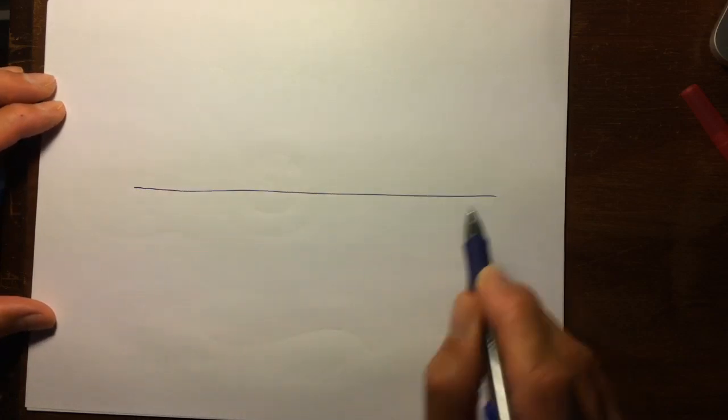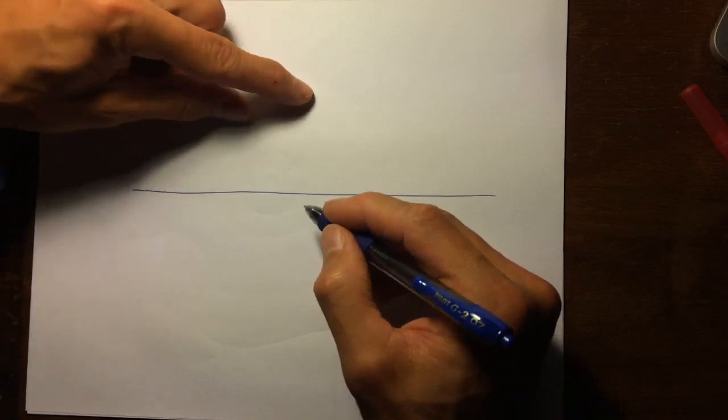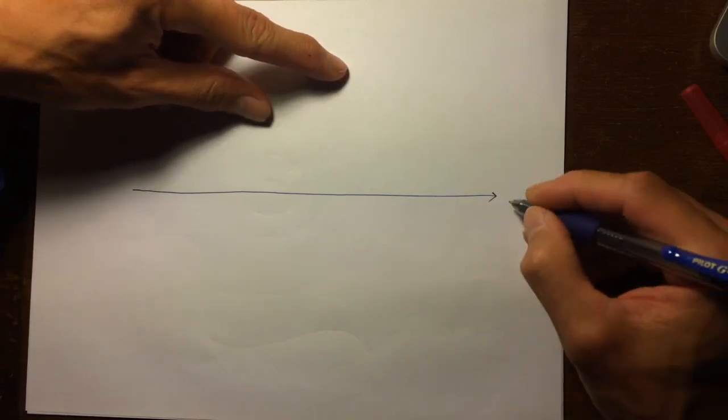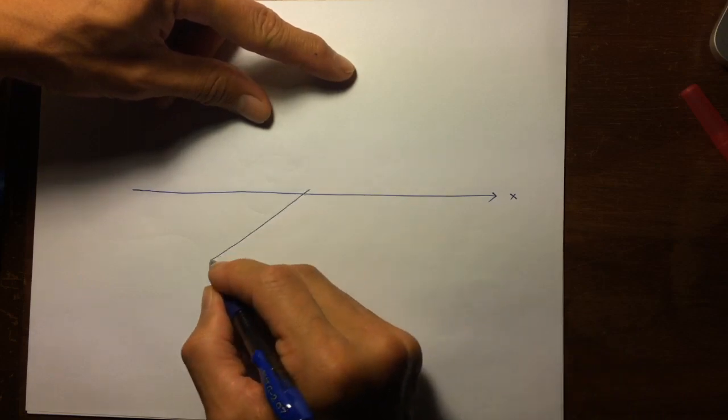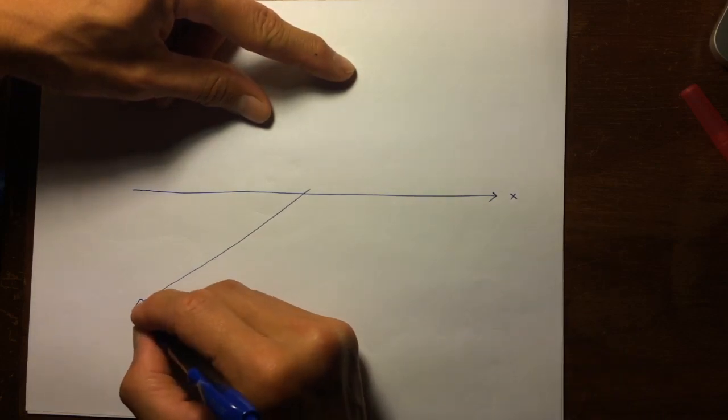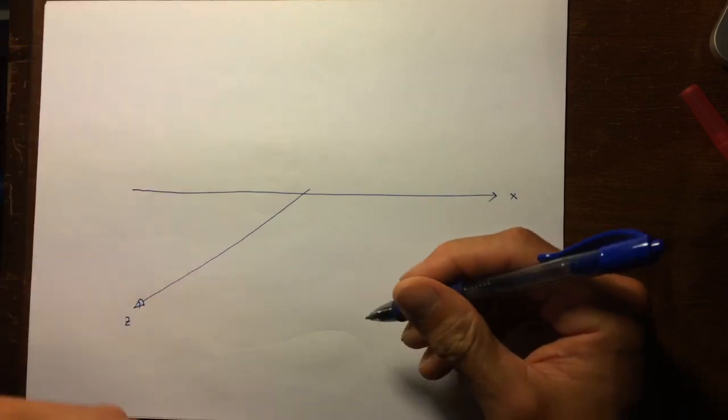One last example is, what if we do this, might be cool. I'm going to draw a picture. So this is, say, an x-axis. This is a z-axis.